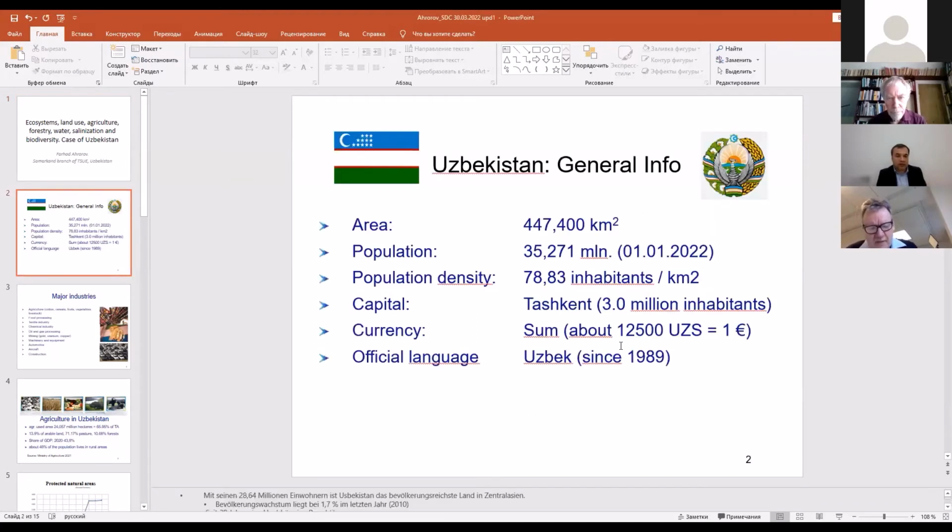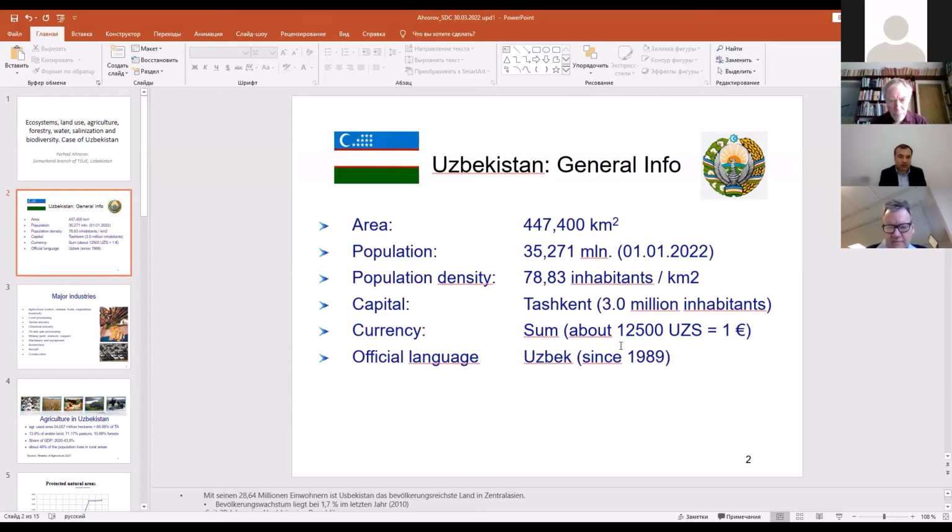And briefly about Uzbekistan. So, general information, it's about 447,000 square kilometers in area. Population is more than 35 million inhabitants, and population density, you can see, about 80 inhabitants per square kilometer.